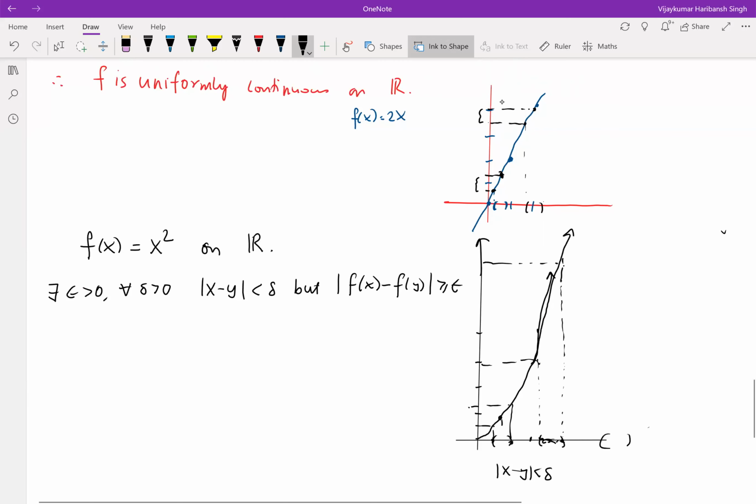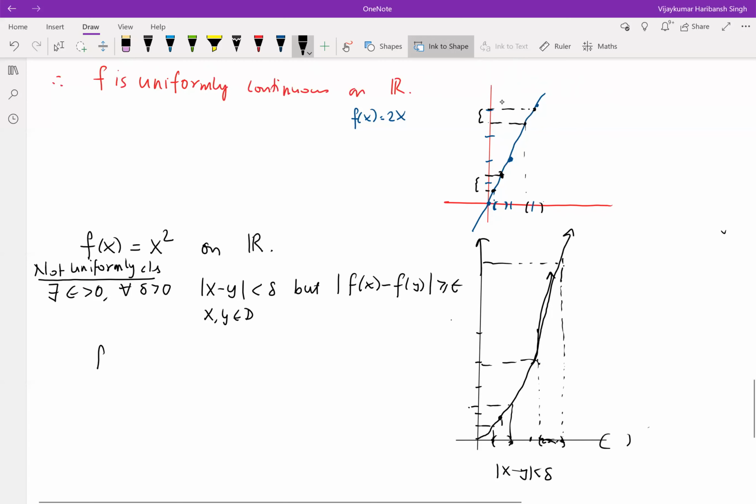This is the negation, which means not uniformly continuous. And also here, I should keep writing this all the time, x and y should be in your set D, all right? If it is not in the domain, then, well, this is what we want to get at.